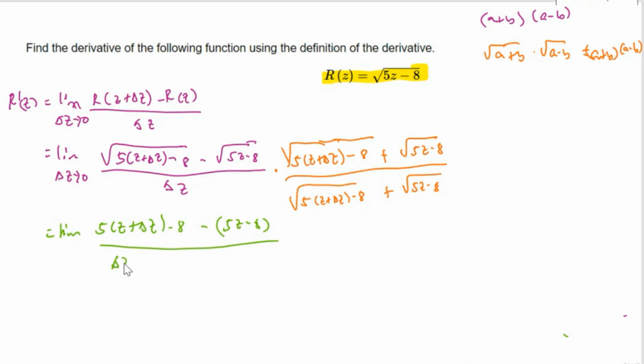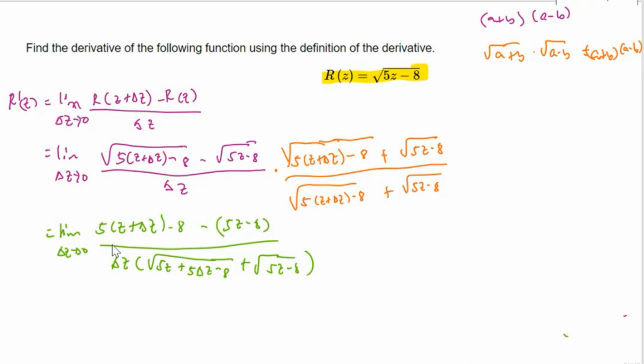So we have delta z times the square root of, we can also simplify this one now, the square root of 5z plus 5 delta z minus 8 plus the square root of 5z minus 8. We just multiply delta z times that binomial.